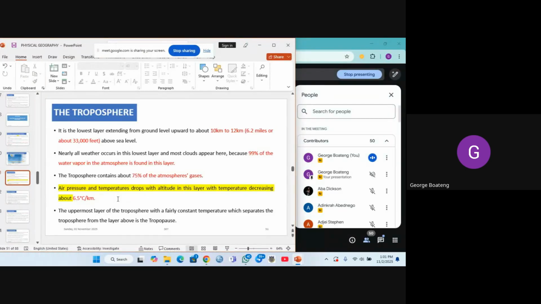If a mountain has a height of, say, 4 kilometers, and the temperature at the bottom is 20 degrees Celsius, what will be the temperature at the top? So 4 kilometers: every 1 kilometer, minus 6.5, minus 6.5, minus 6.5, minus 6.5. Whatever you get is the temperature at the top.